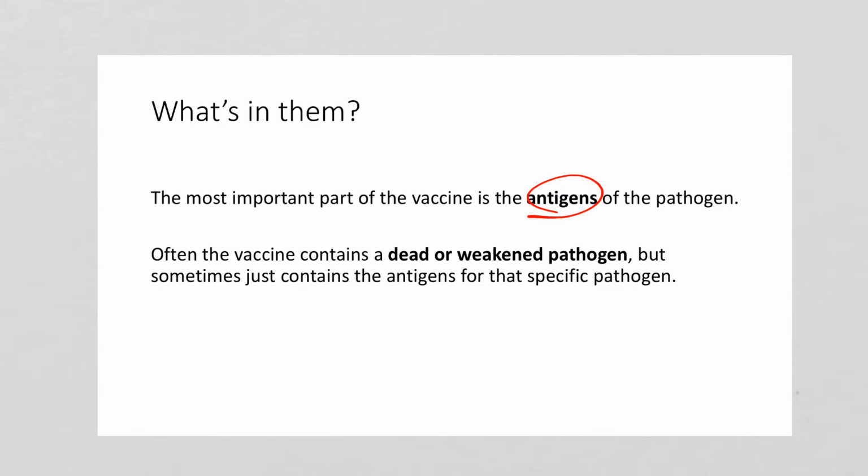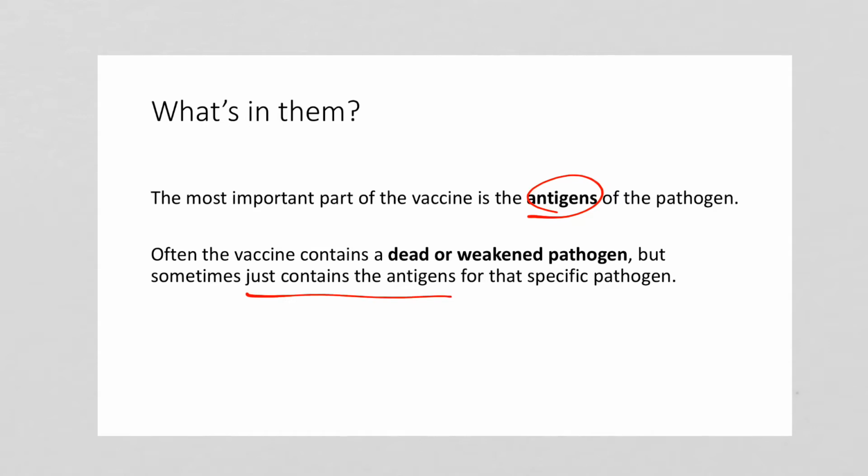And what that usually means is that it's not able to reproduce. And we talked about how for a pathogen to cause disease, it's not just going to attack the body. There needs to be lots of them. So as soon as they get into the body, they start reproducing like crazy, and then they cause the disease. So if you put a live pathogen into somebody, but weaken it so that it can't reproduce, that will work just as well. Sometimes you're not going to have the pathogen at all.